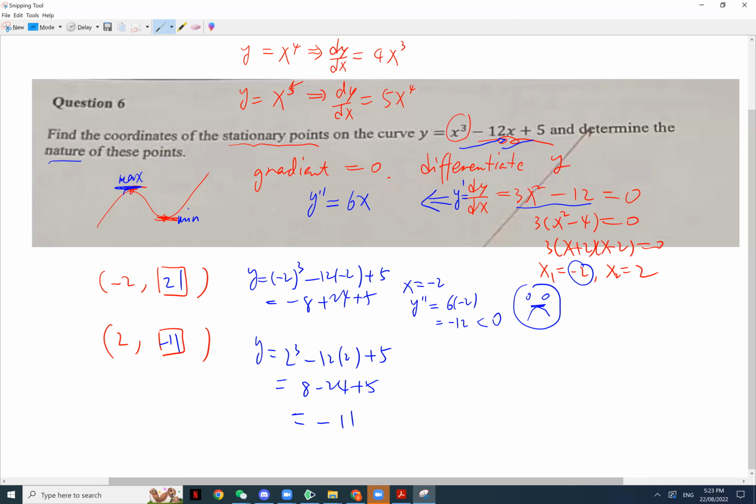Like this, sad face, but we have a maximum. That's why this is a maximum. And y double dash here is positive 12. We have a happy face, but happy face, we got a minimum. Double dash positive, happy face. Okay, so this is the minimum. That's the question here.